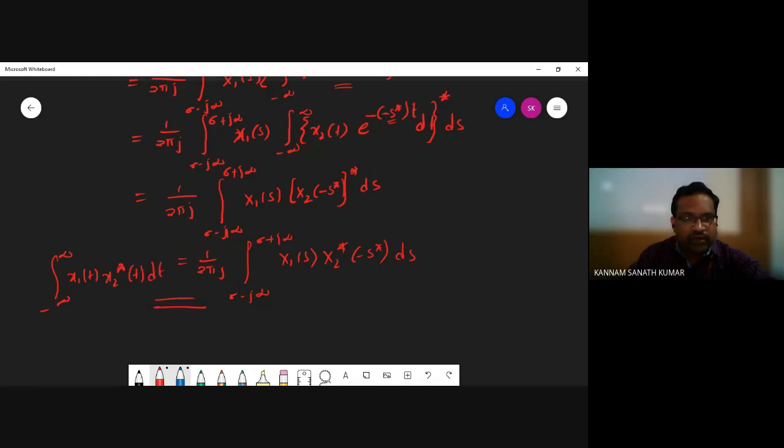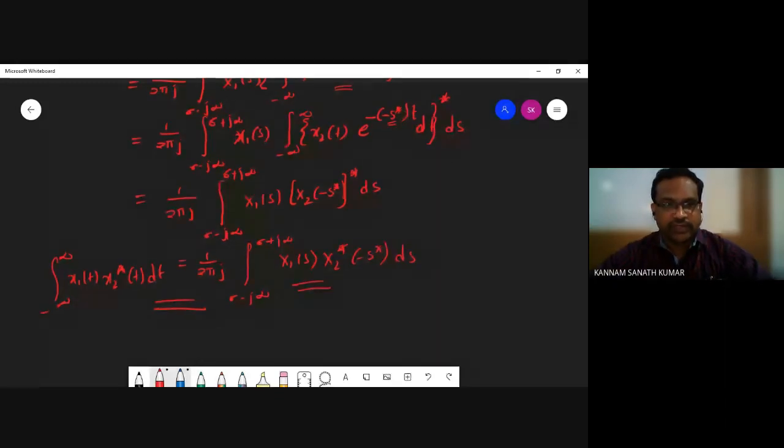So what you got? 1 by 2 pi j integration sigma minus j infinity to sigma plus j infinity, x1 of s into x2 conjugate of minus s conjugate into ds. Okay, so this is the proof for the Parseval's theorem.